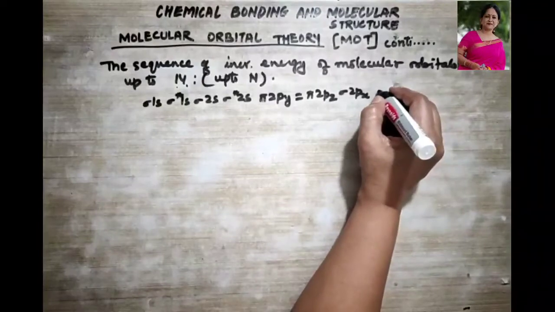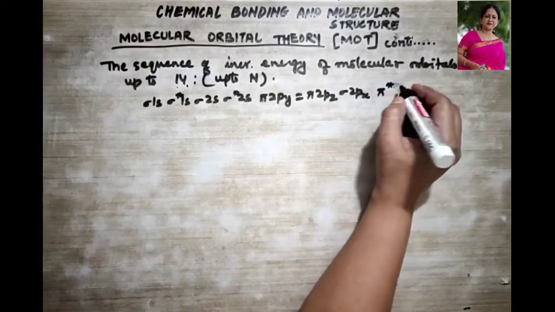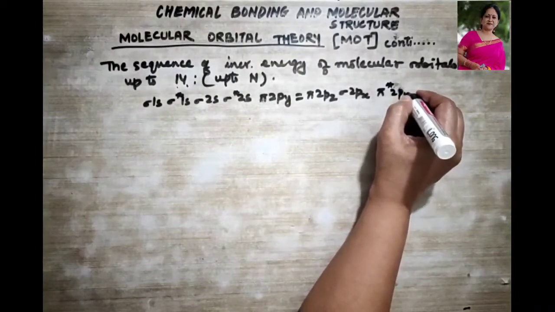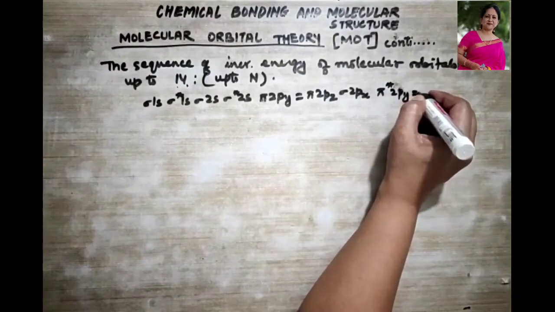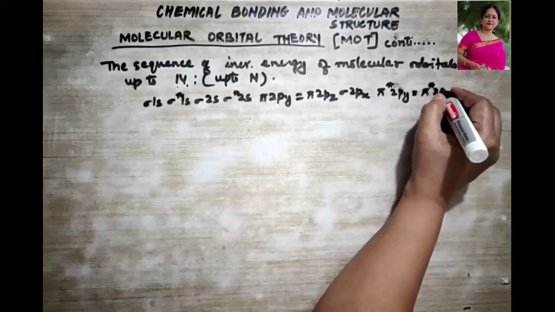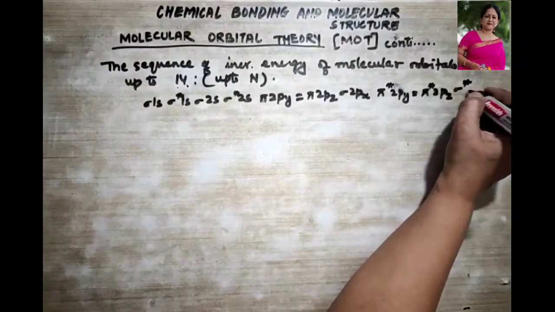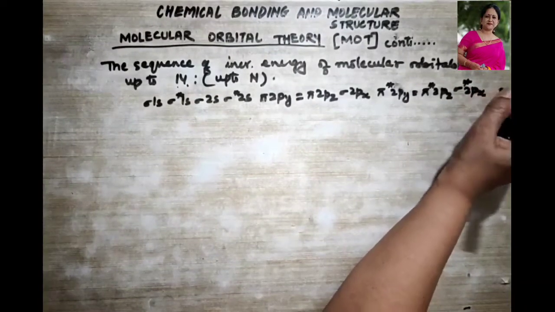Now the anti-bonding of it: pi star 2py is equal to pi star 2pz, then sigma star 2px.